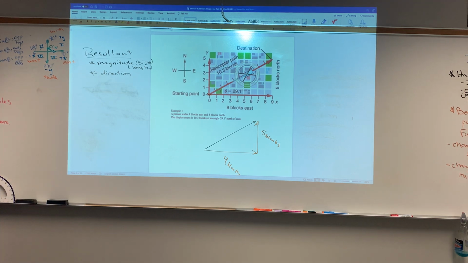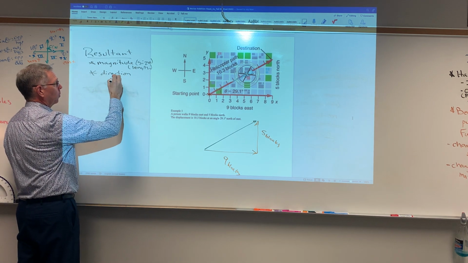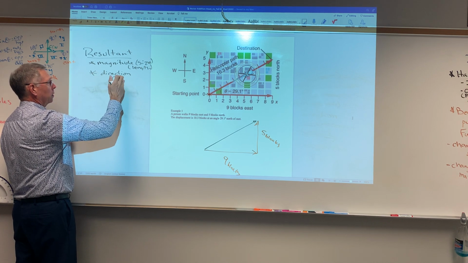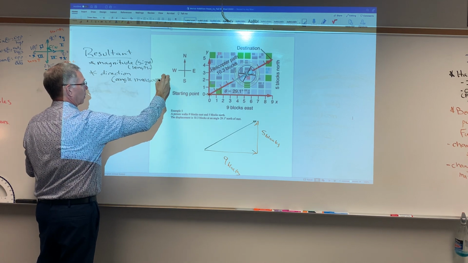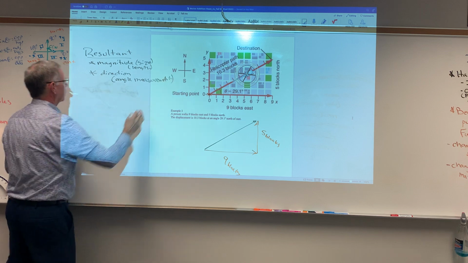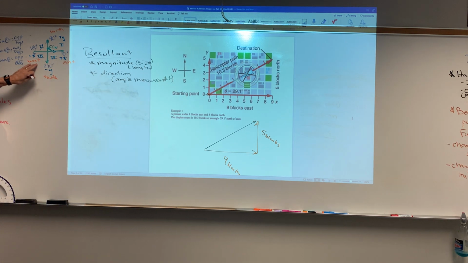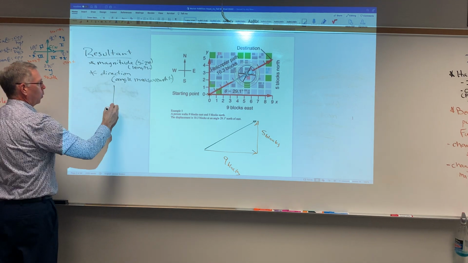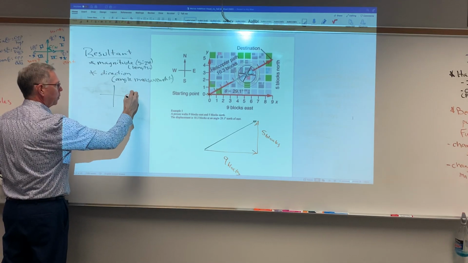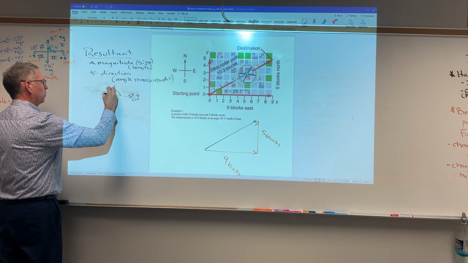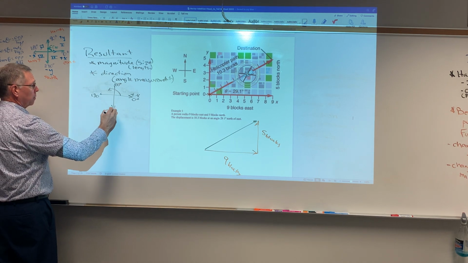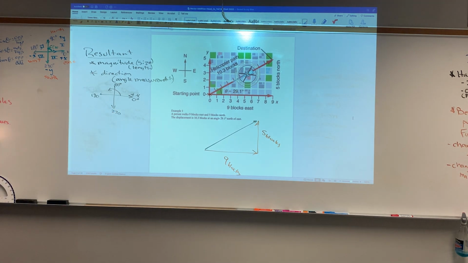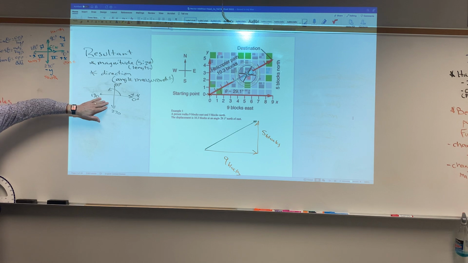And when I say direction, I'm asking for an actual angle measurement using this frame of reference, where to the right, positive x, is 0 degrees, and the angles are measured counterclockwise. So this would be 90 degrees, this would be 180 degrees, this would be 270 degrees. That's the frame of reference we're using for our measurements.